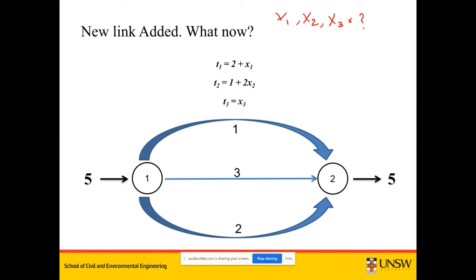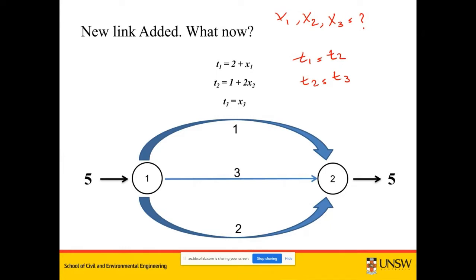So let's write down the equations. Again, T1 must be equal to T2. That's one equation. T2 must be equal to T3 as well. If all these paths are being used, all the travel times must be equal.